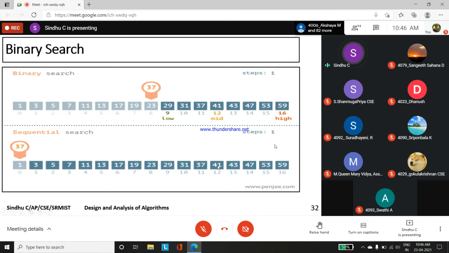So in this case, it takes 11 steps. So binary search follows divide and conquer, dividing the given problem, here you have 17 elements, into halves, and based on which half to select, you go and hit the element. So this is binary search.